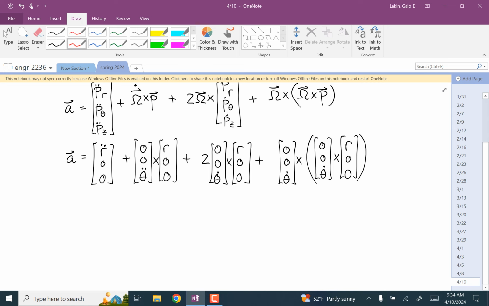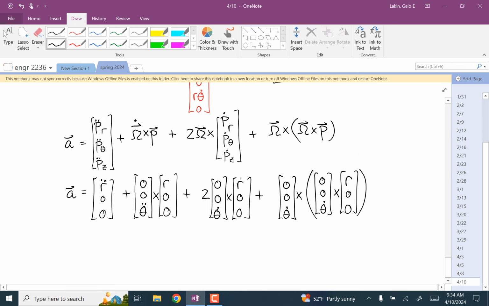Yes? Wouldn't it be r dot for the vector right after the two? You're right, it is. Thank you.